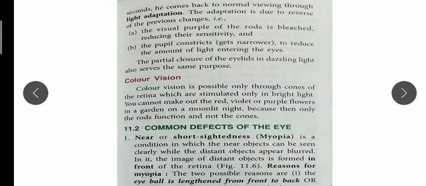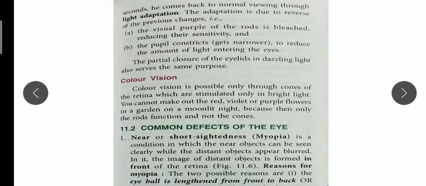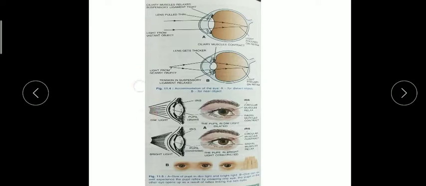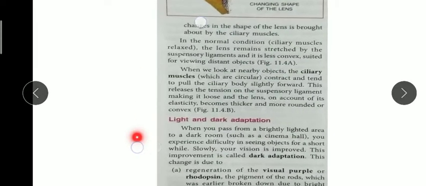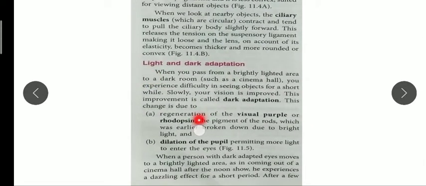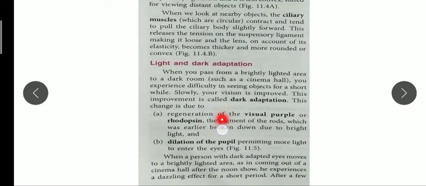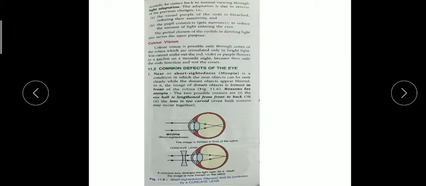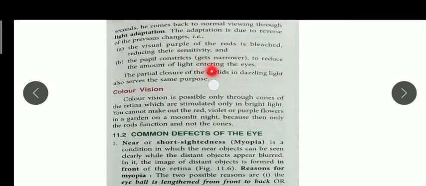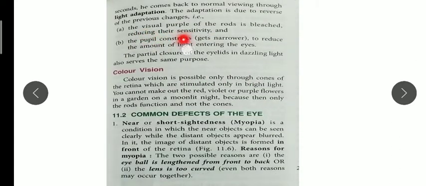Now what is color vision? So remember, black and white vision is given by the rod cells, which contain the rhodopsin pigment. What is the difference between the two? Here you can see in the dark adaptation, rod cells are regenerated, okay, and here they are bleached, or you can say they are broken, and they reduce the amount. So this is the difference.